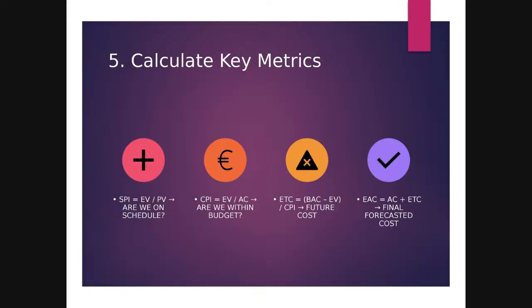And then EAC is also a very good one to ask. This is where a lot of CEOs or C level, CFOs should be asking the question, what is your EAC based on today's performance? And it's a simple metric, actual cost plus the estimate to complete.